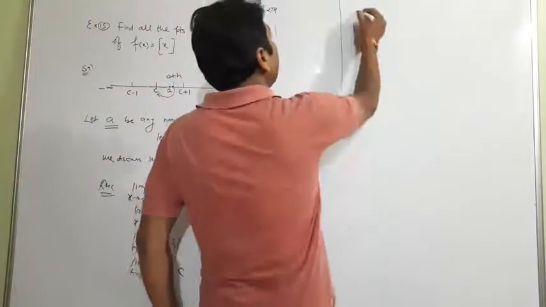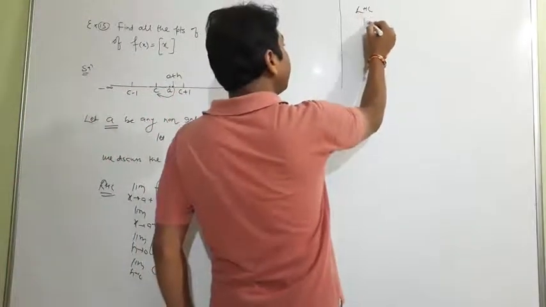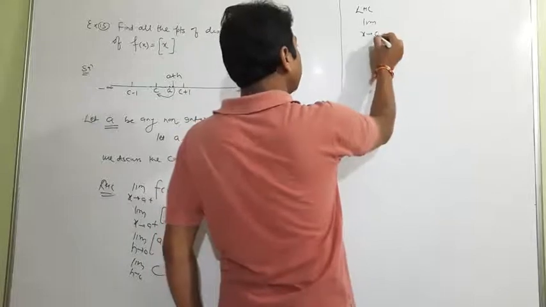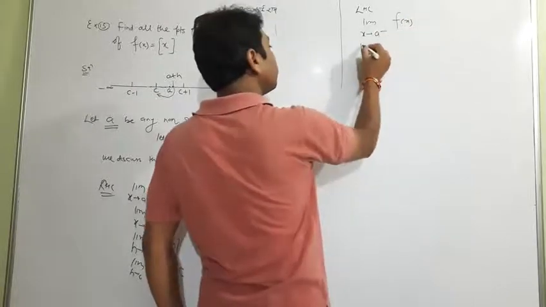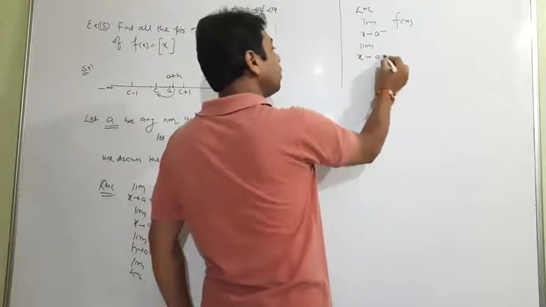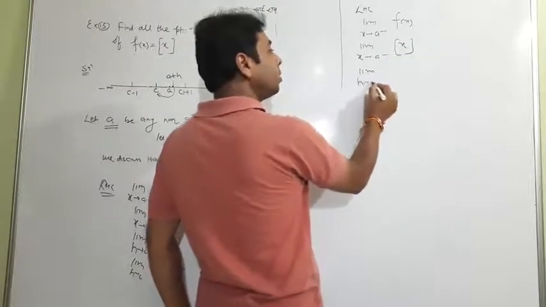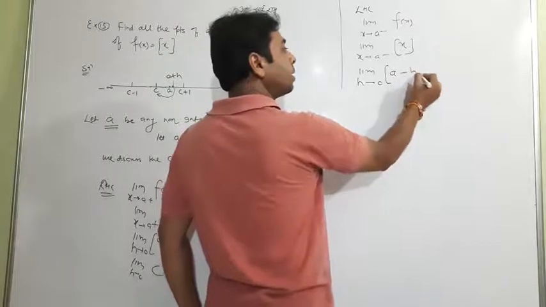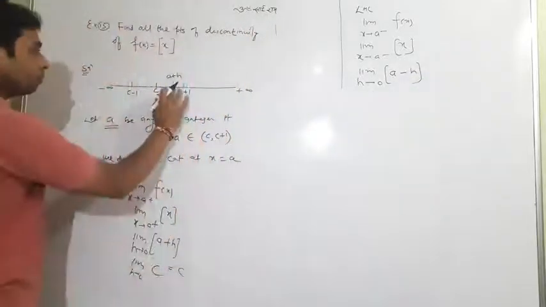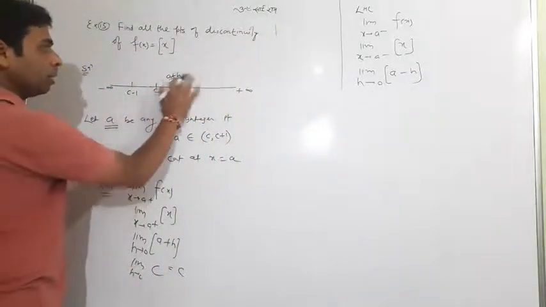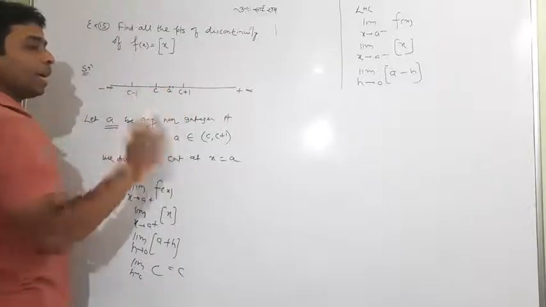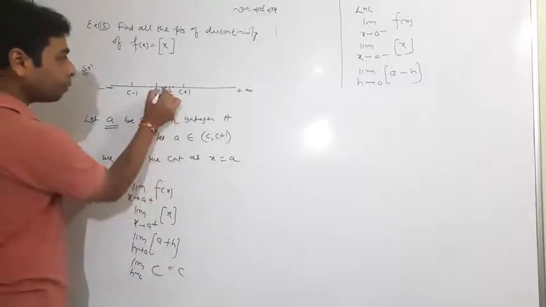Now left hand limit, I'll do the same. Limit x tends to a minus of the integer function. Turn in h. What will it come? a minus h. And look at where is a minus h. Let me rub all this. a minus h is just behind a.